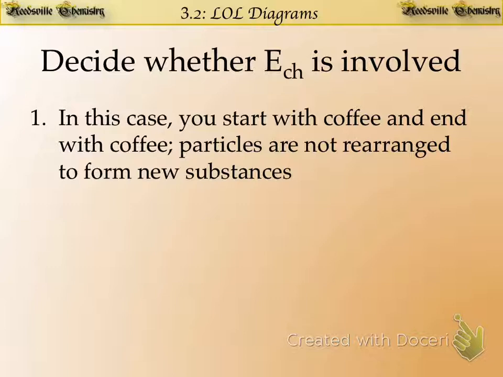It is not as though I put my coffee mug on my table and it turns into, I don't know, rubbing alcohol. That'd be horrible. No, it's coffee. So there's no chemical change going on. We are not rearranging any molecules to form any new substances. So in this case, and for the rest of this chapter essentially, we can ignore ECH. We'll come back to it later on in the semester.